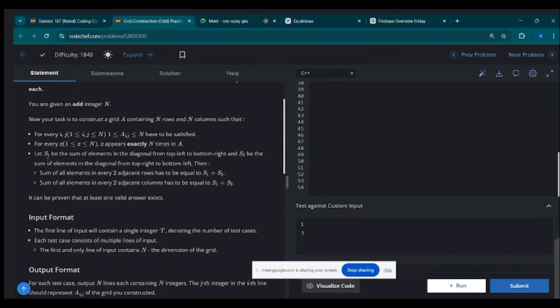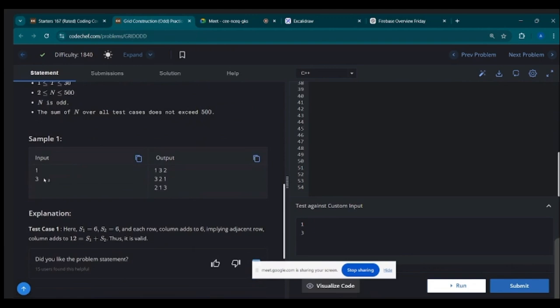The third condition is, let S1 be the sum of elements in the diagonal from top left to bottom right, and S2 be the sum of elements in the diagonal from top right to bottom left. The sum of all elements in every two adjacent rows has to be equal to S1 plus S2, and the sum of all elements in every two adjacent columns has to be equal to S1 plus S2.